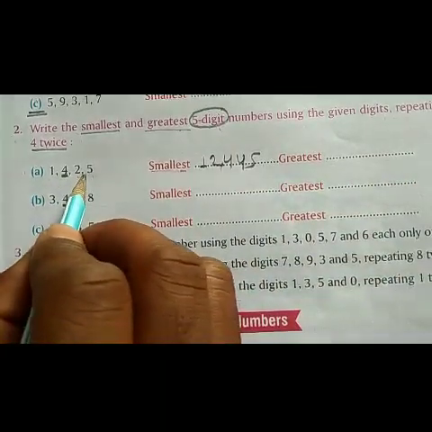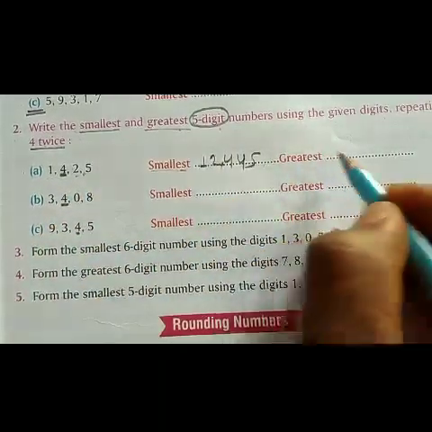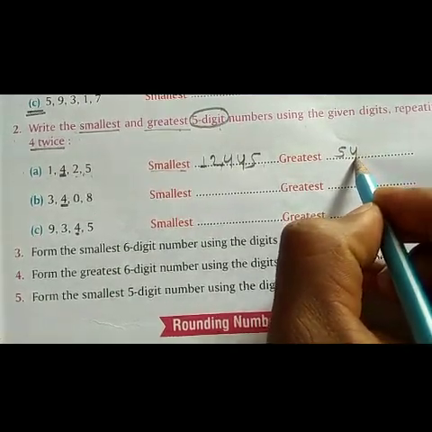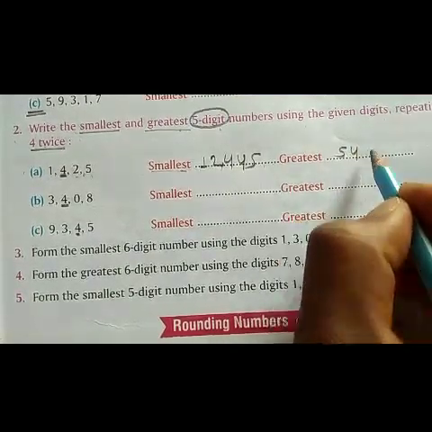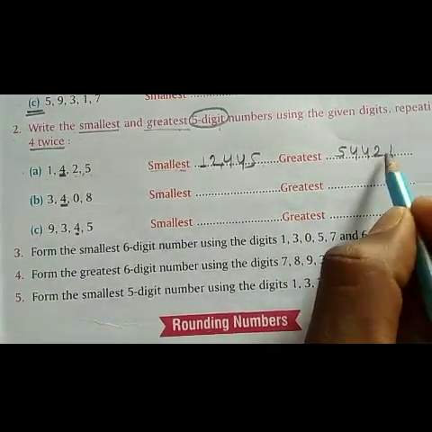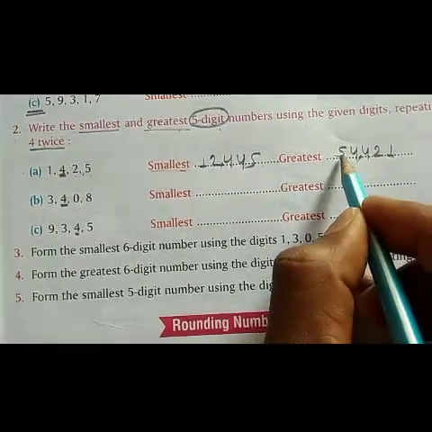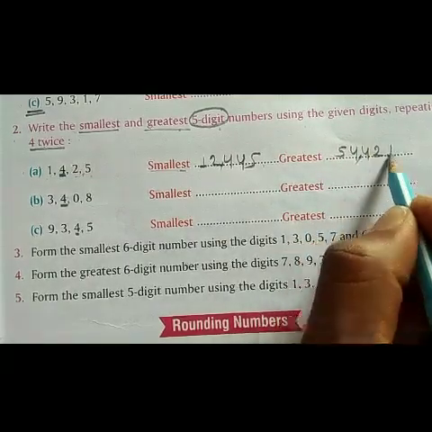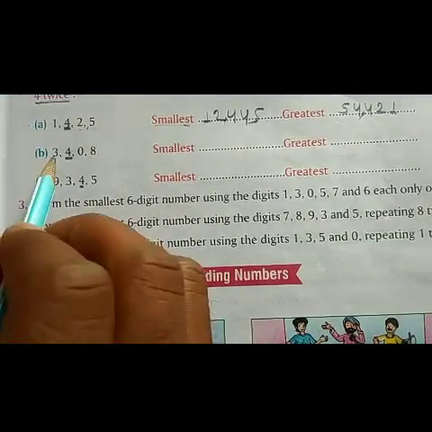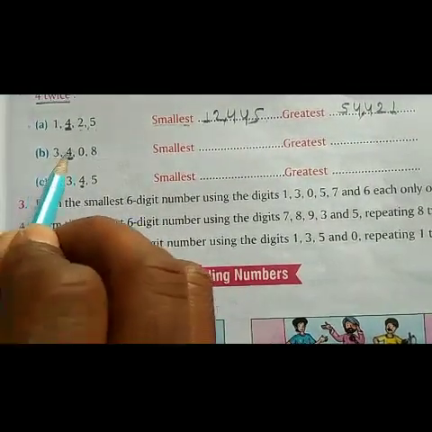Arrange these digits in descending order. Greatest digit is 5, then 4. But the condition is to repeat 4 twice. So 4, then 2 and 1. Ones, tens, hundreds. Place the comma here. This is 54,421.